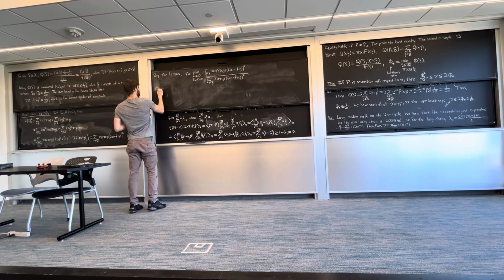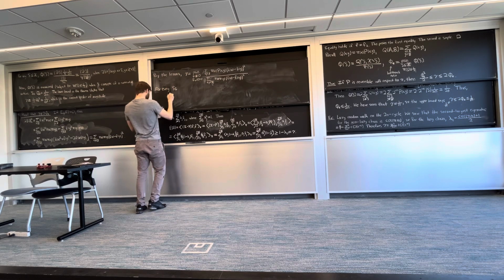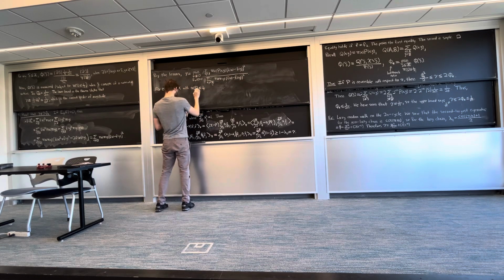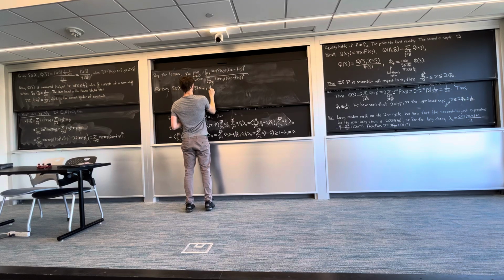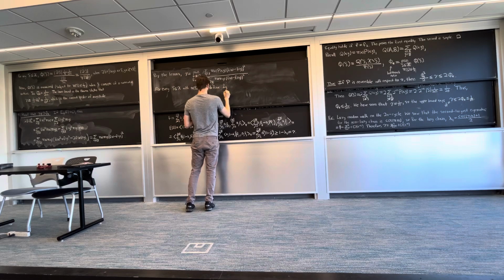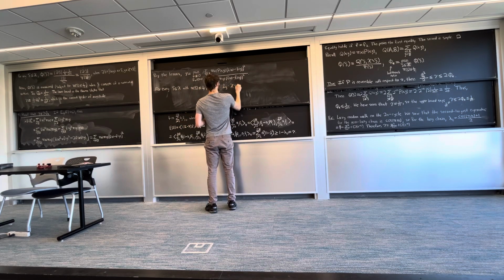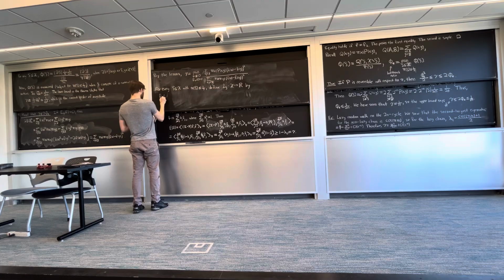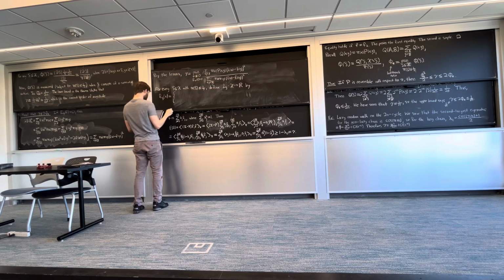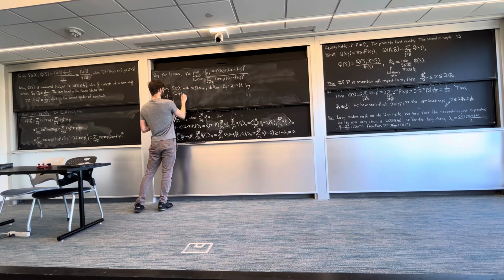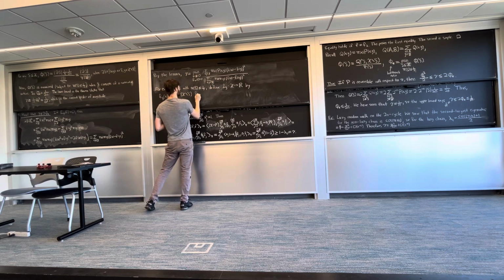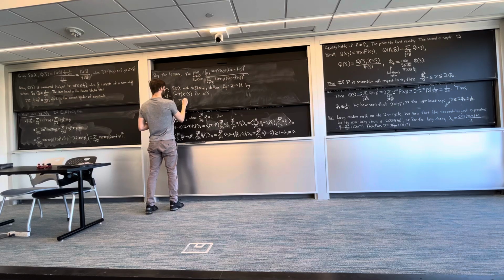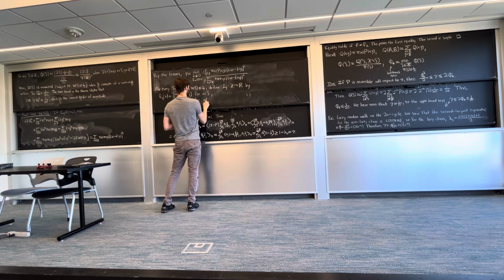For every subset S of the state space with stationary probability at most 1/2, define a function f_S on the state space by: f_S(x) is negative pi of the complement of S for x in S, and it's pi of S for x not in S.